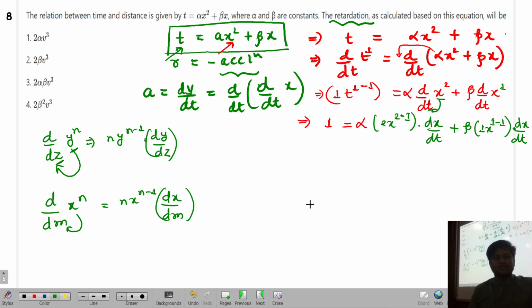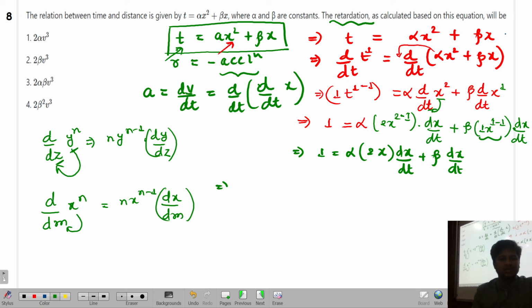Okay. Now look over here. See this. What did I get as the answer? 1 is equal to alpha times 2x to the power of 2 minus 1, so it is equal to 2x dx by dt, plus beta. Here again 1 will come. It will remain as dx by dt. I can take dx by dt as common. This implies I can take dx by dt as common and write this term.